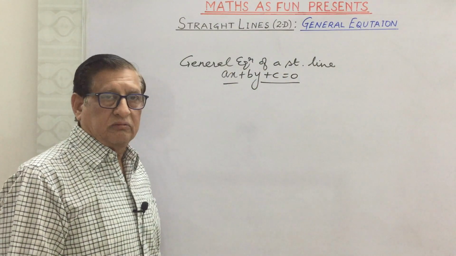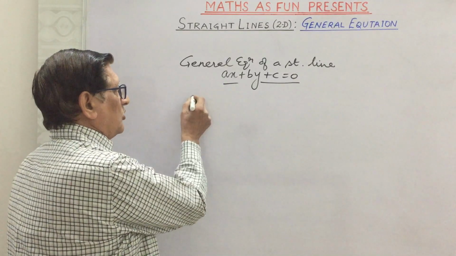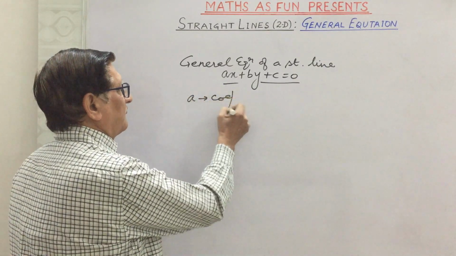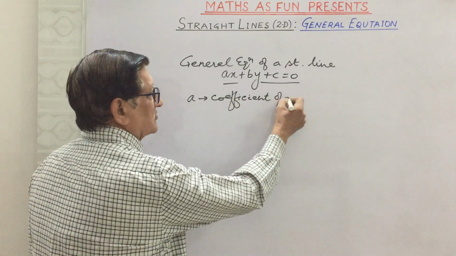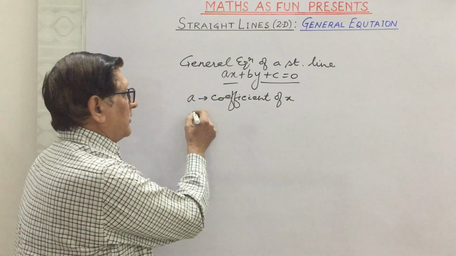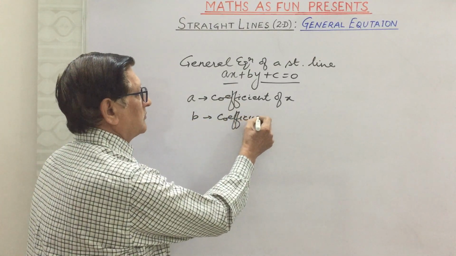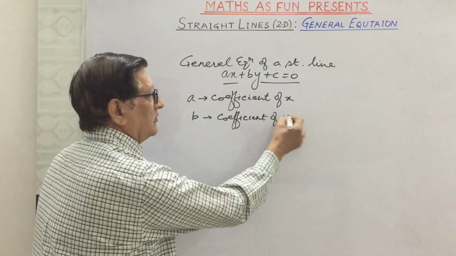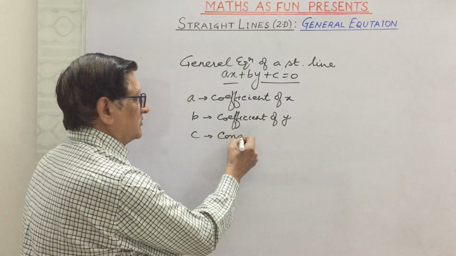In two-dimensional coordinate geometry, A is known as the coefficient of x and B is known as the coefficient of y. C is the constant term.